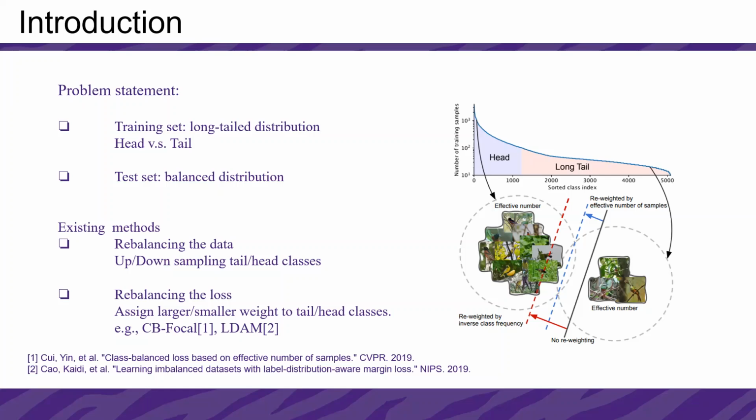Yeah, I agree. Because I think the balanced testing data set is for fairness, right? We should respect every class rather than lower the priority of those classes in the long tail.